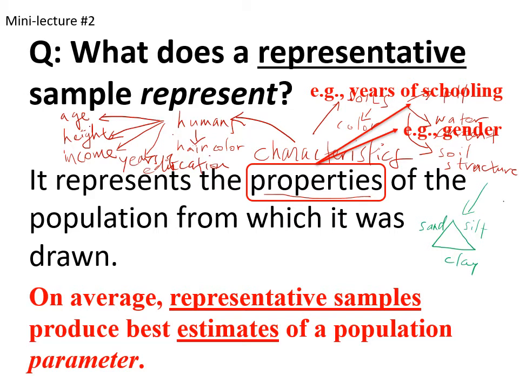On average, what we find is that representative samples produce the best estimates of a population parameter. This starts to take us off into the land of statistics, which is totally cool, but is not really this course. So an example of a best estimate might be the mean age of all the students in a class.